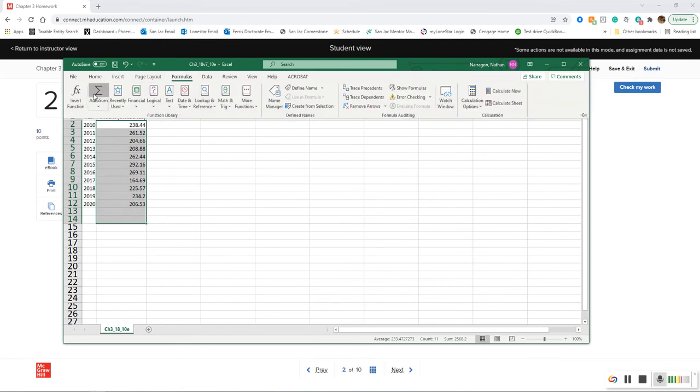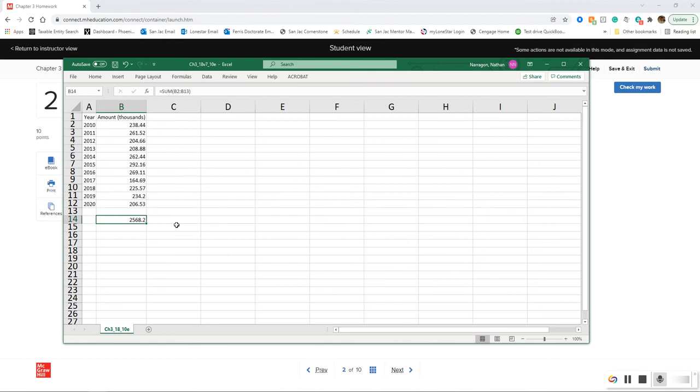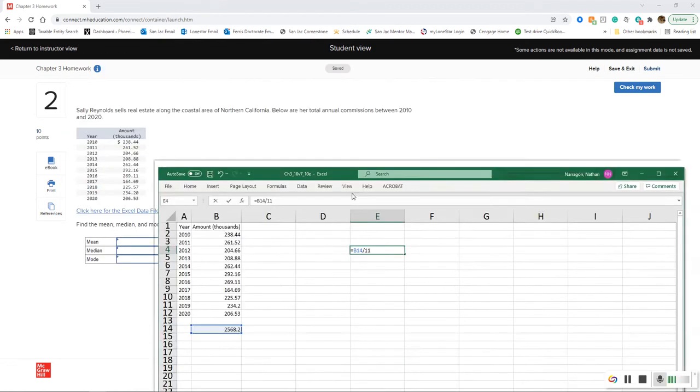So, formulas, auto sum. And if you just want to do it, you can go equal to our total and divide by the number that we have. So 1, 2, 3, 4, 5, 6, 7, 8, 9, 10, 11. It's 11 years.